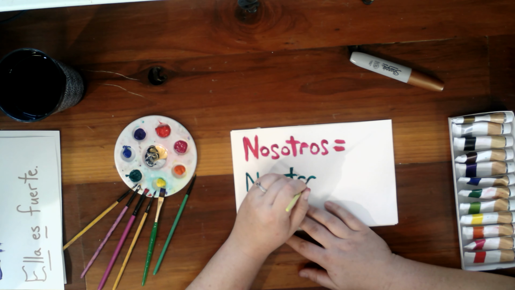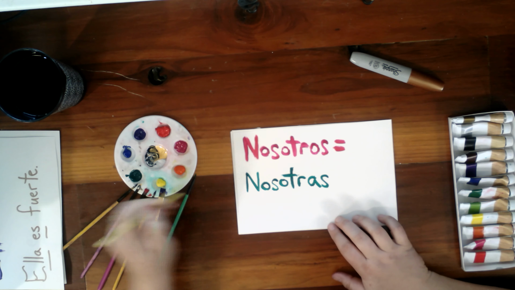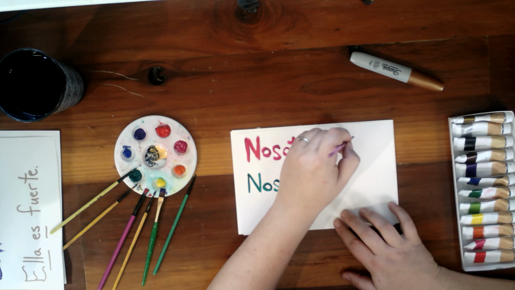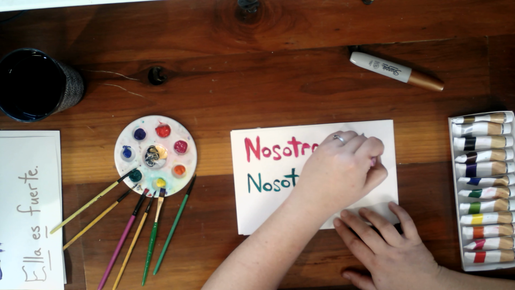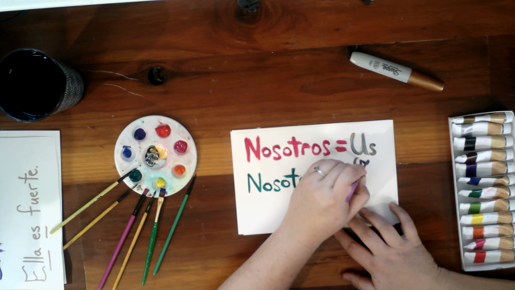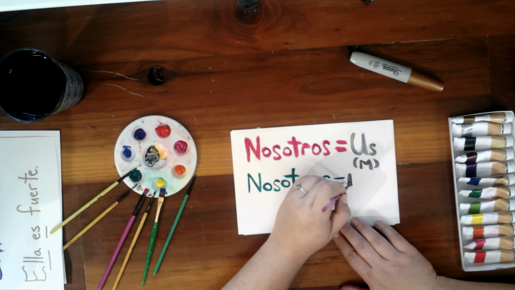Now I refer to this in our video on gender in Spanish. So nosotros is the we for boys, and nosotras, we or us. And nosotras would be the we for all girls.